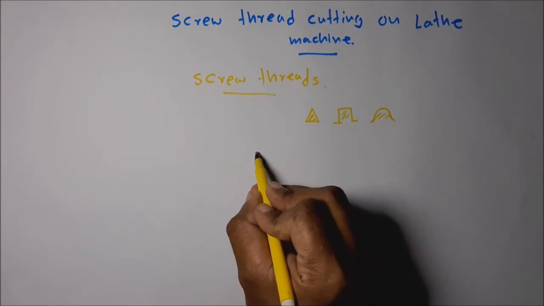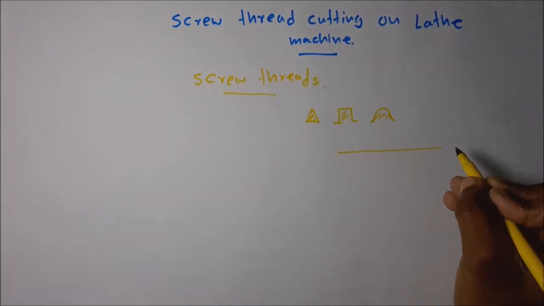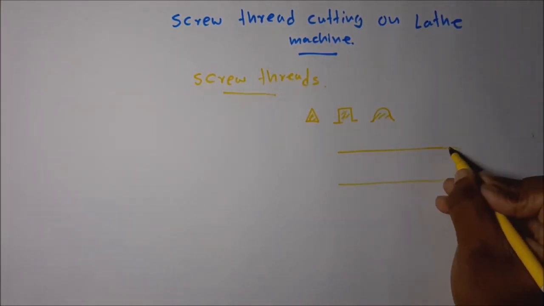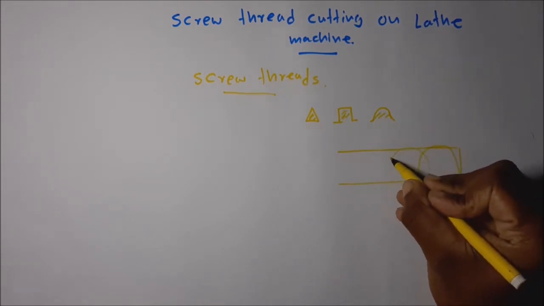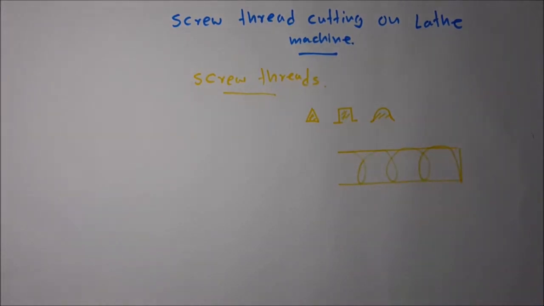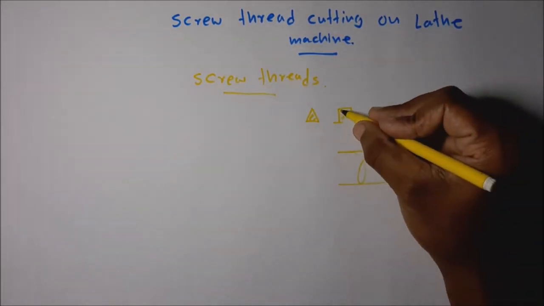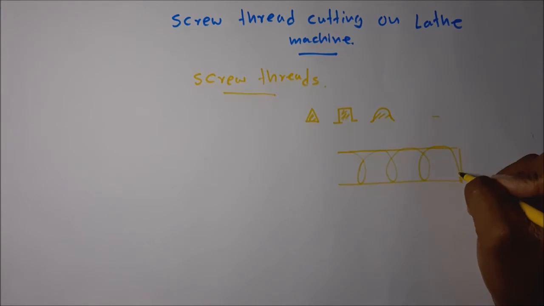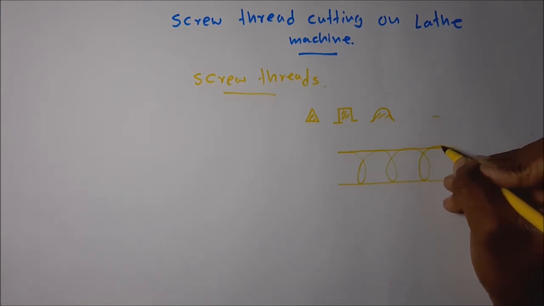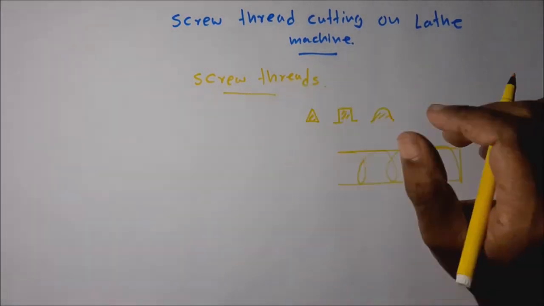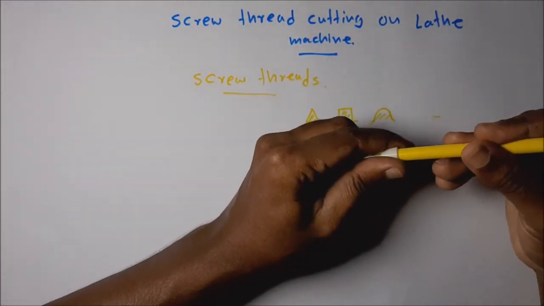What is the helical path? If you take the screw, see the helical path. That means this profile, whether V shape, square shape, round shape, or any other, follows the helical path.